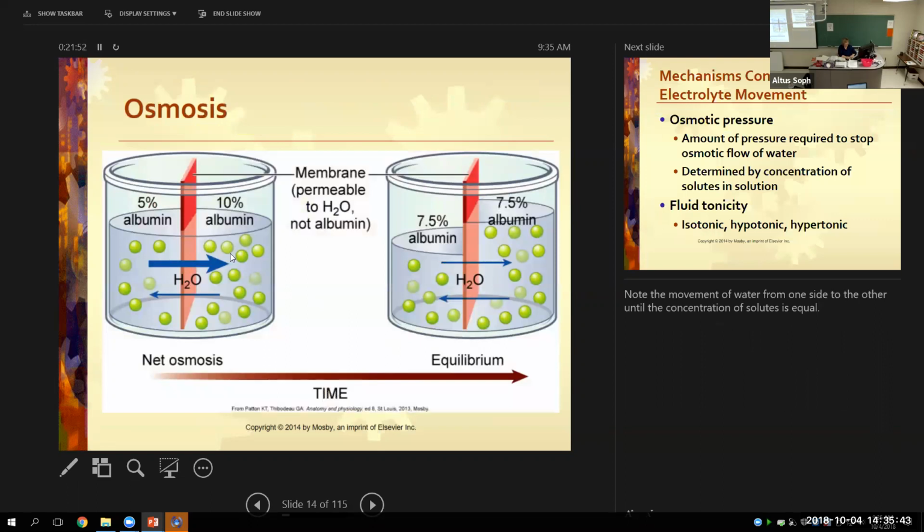On the other side we have albumin at 10%. Now albumin can't cross this membrane, but water can. So water is going to flow from the 5% side to the 10% side to lessen the concentration on the other side. And that is the principle of osmosis.